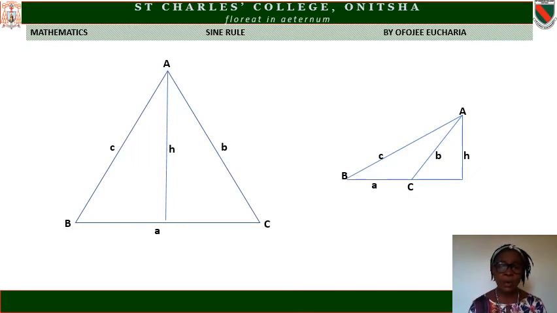That is what will help us in discussing this sine rule, because we have not known any other triangle. It's only the right angle triangle that we knew. So we are going to use these two triangles. Remember, the first is acute and the second is obtuse.